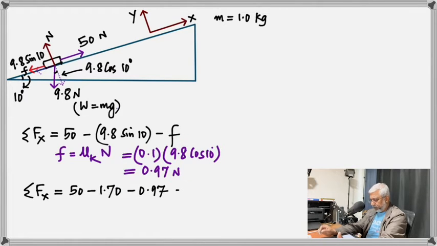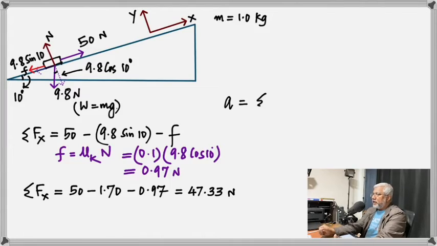Okay. When you do that math, you will get 47.33 newtons. So that's the net force along the x-axis. If you have the net force along the x-axis, you can find the acceleration along the x-axis simply by dividing the force by the mass.